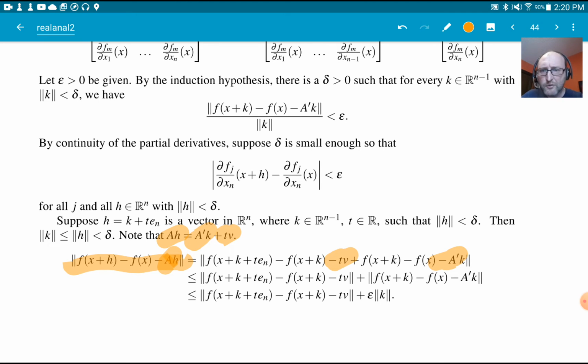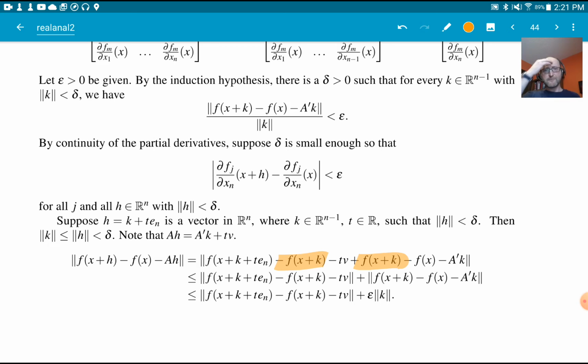And what I have, this guy, that's this thing, and this guy is out here. What I add and subtract is this f of x plus k.